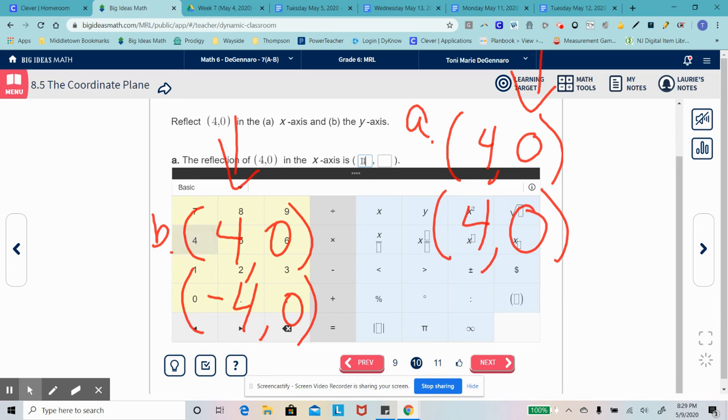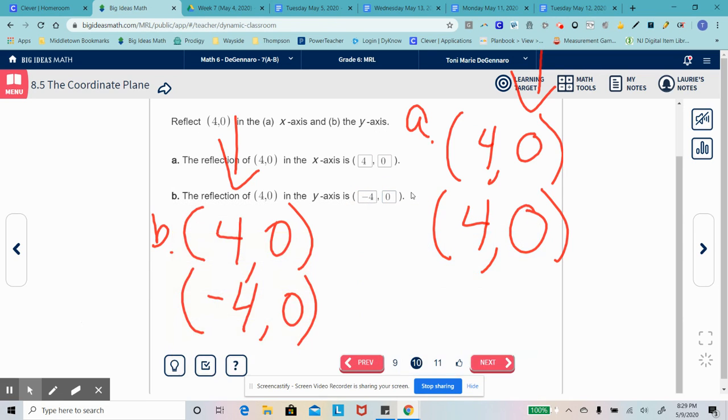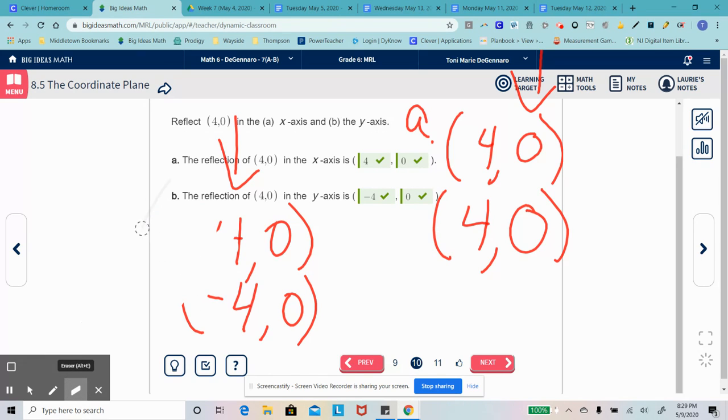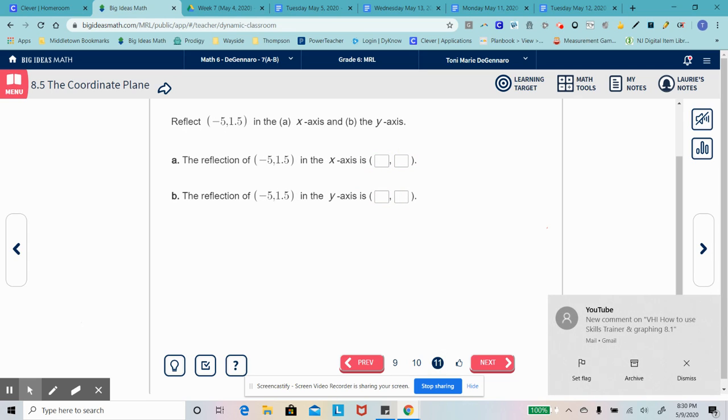So we're going to say 4 and 0, and we're going to say negative 4 and 0. And then we're going to hit check, and there we go. All right, so I'm going to erase again. All right, so we are now going to number 11.